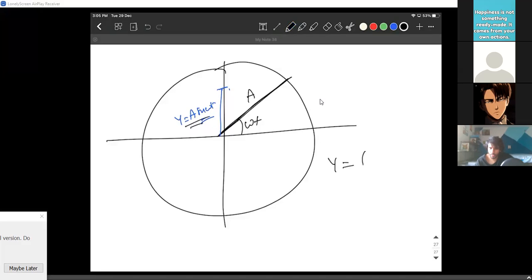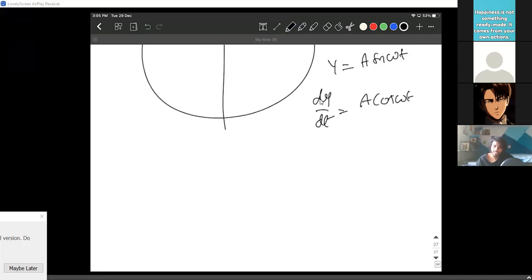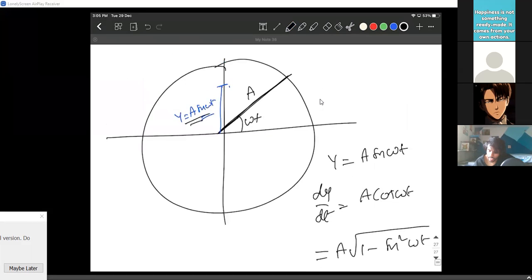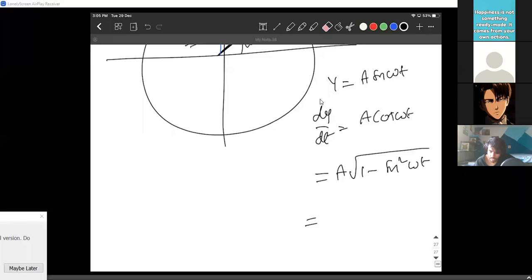We have y equals a sin omega t. You do dy by dt, you get a cos omega t. Now, when I have cos omega t, I just for fun write it as root over 1 minus sine square omega t. Wait a second. I forgot the differentiation thing here.